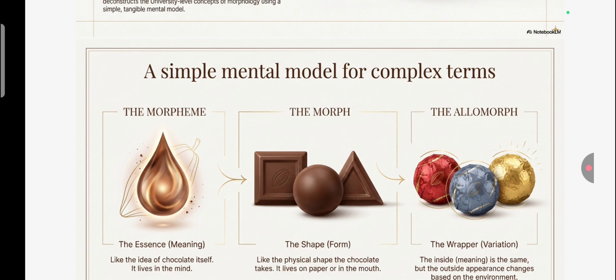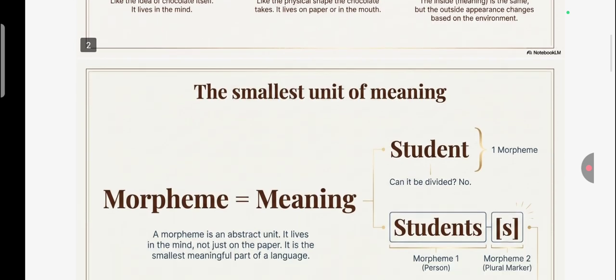So remember this simple formula. Morpheme represents the meaning of the word. Morph represents the form. Allomorph represents variation in sound or form. This mental model will help you to understand the concept easily.